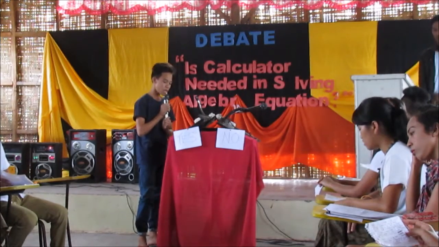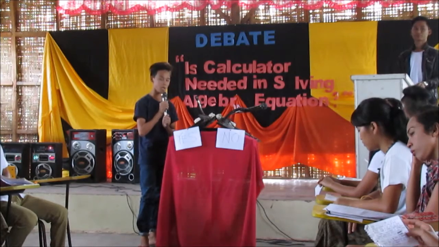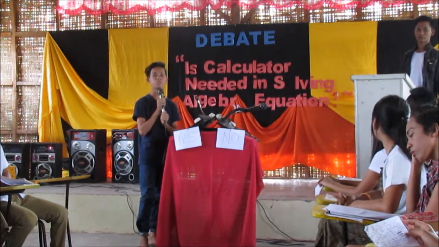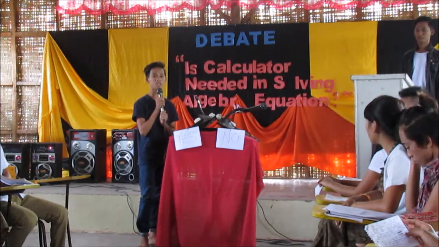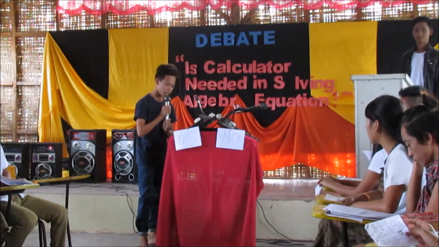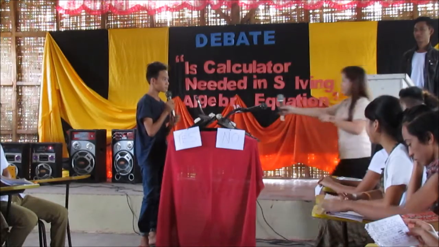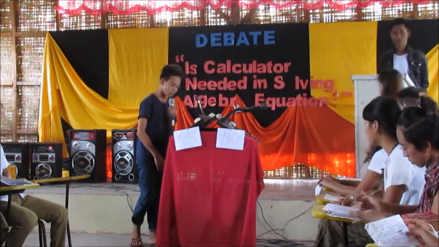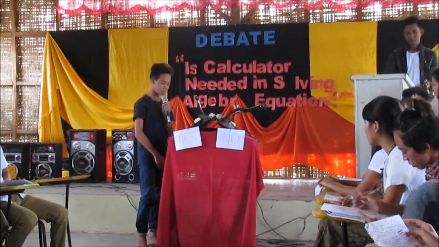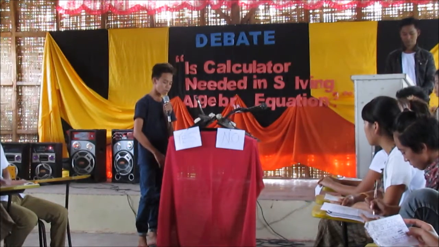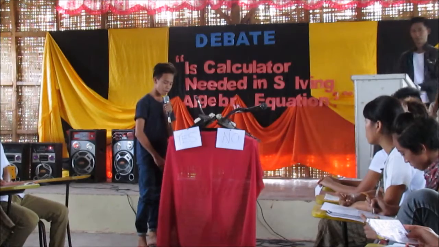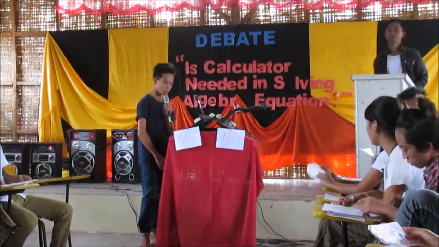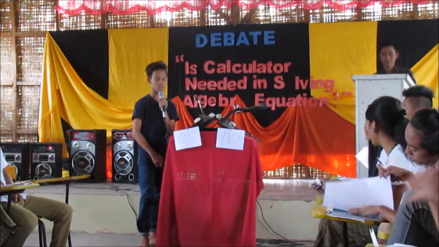Then it will attempt to solve the equation by using one or more of the following: addition, subtraction, multiplication, and division. Taking the square root of each side, factoring and completing the squares. Calculator helps us to find the factor form of trinomials and helps us to find the area between the graph and the x-axis. Thank you.